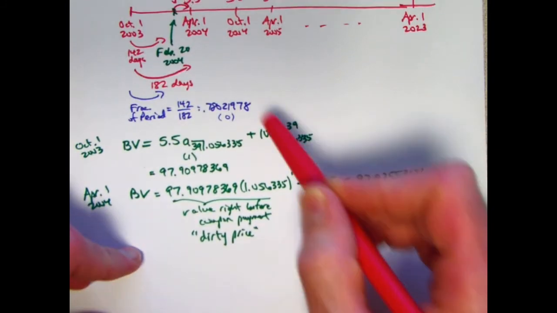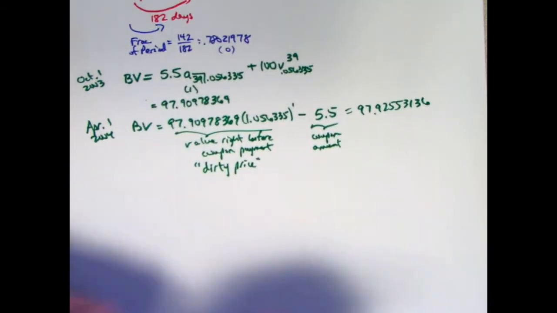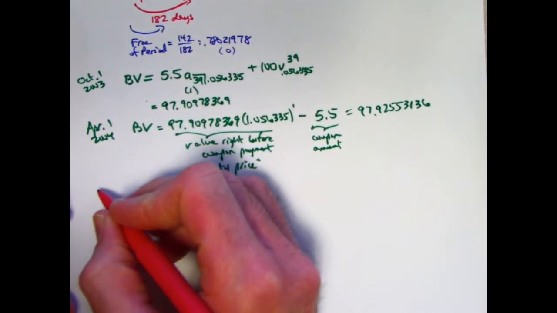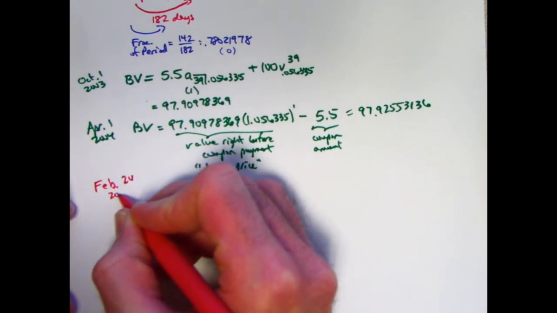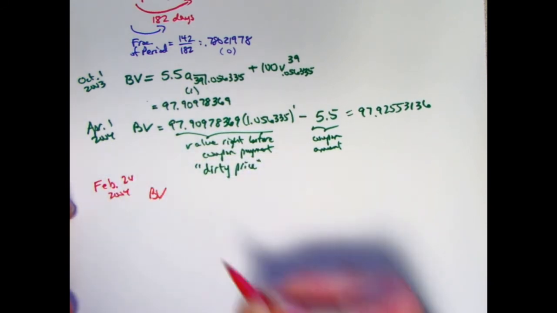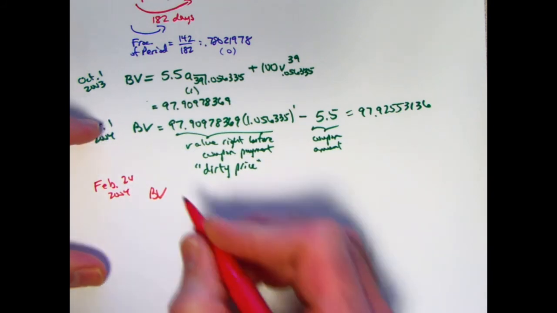Multiply 5.5 by 78%. Okay, so that's going to be giving us the price that we want on February 20th, 2004, according to the semi-theoretical method.